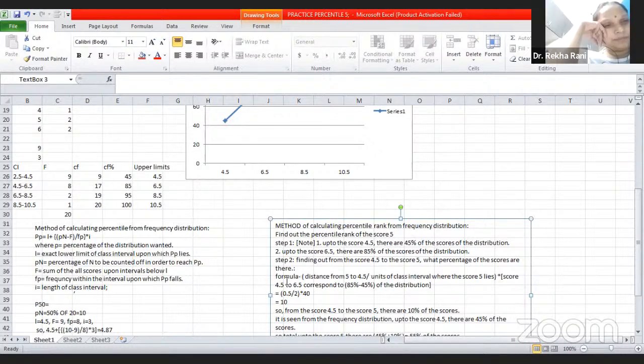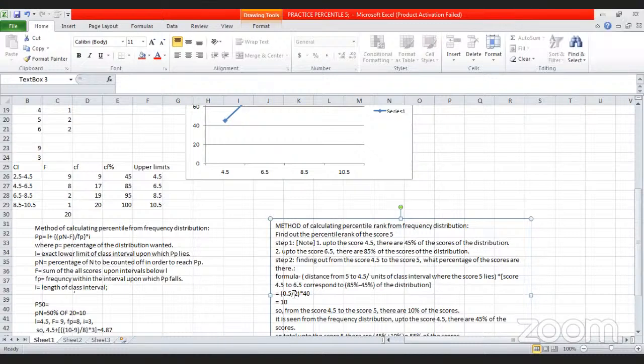Clear, ma'am. Okay. So 0.5 divided by 2 into 40 is equal to 10. So from the score 4.5 to the score 5, there are 10% of the scores that we got from this formula.